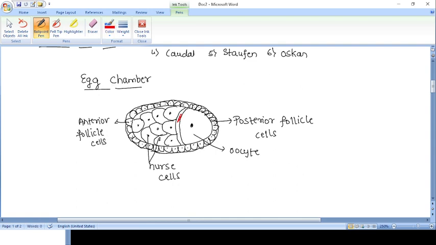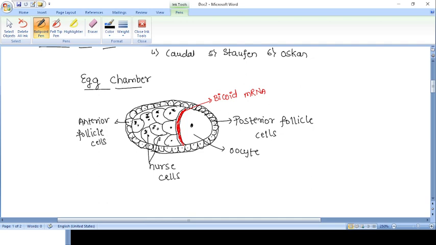And this structure, this red color portion, is the bicoid mRNA. And these zigzag regions are nothing but nanos mRNA.